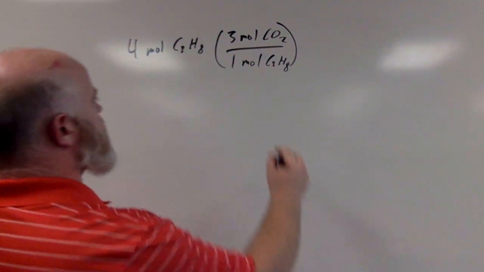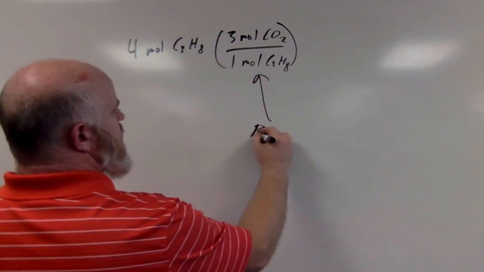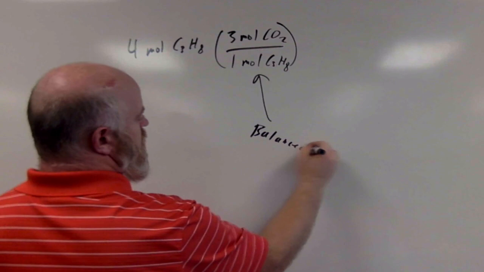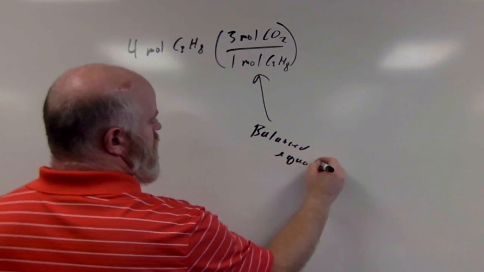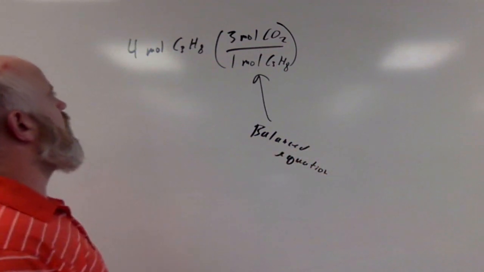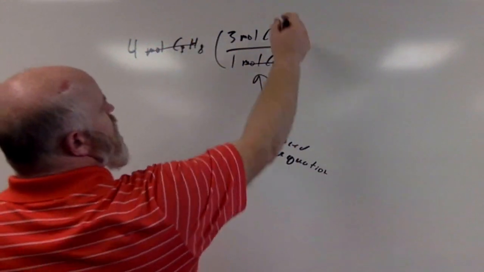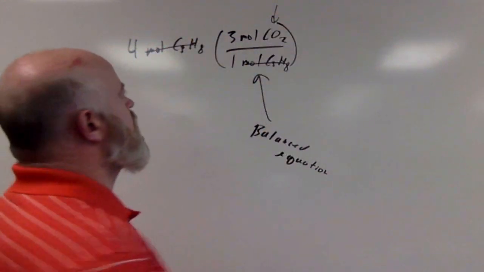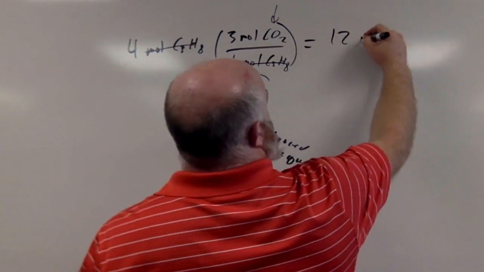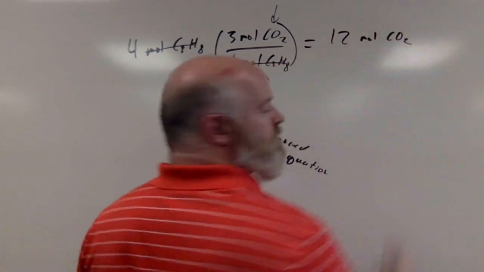This step right here comes from the balanced equation. And again, we take our 4 moles of propane, it cancels, and we convert to moles of carbon dioxide instead. And obviously 4 times 3 is 12 moles of CO2.